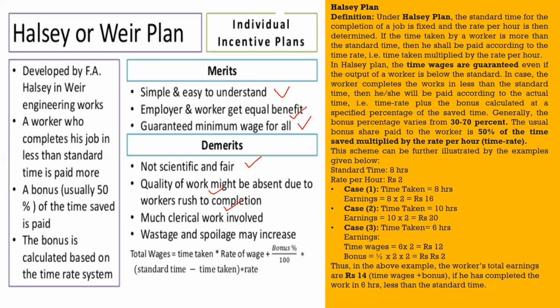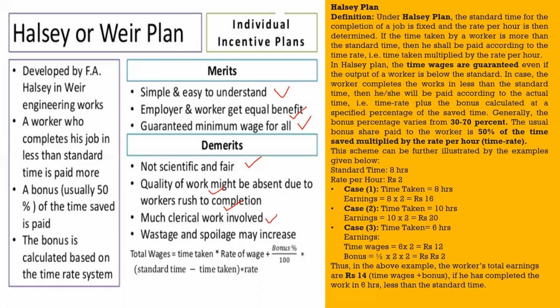Here in a time rate system, people will not give importance to quality. People want to complete that work within a given specified time. That's why they are rushing, and they may fail to provide proper quality. That is the demerit. Much clerical work involved.